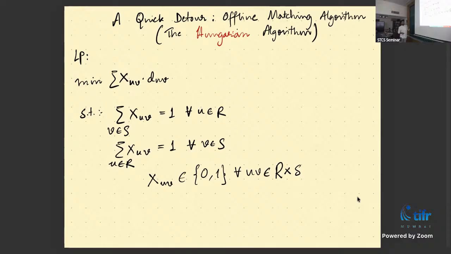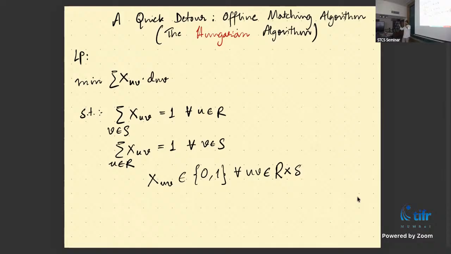Okay. So let me give you a bird's eye view of what this algorithm does. It works with the following linear program for this problem, a very obvious assignment kind of linear program. What is it saying? For every edge I have a variable x_uv.